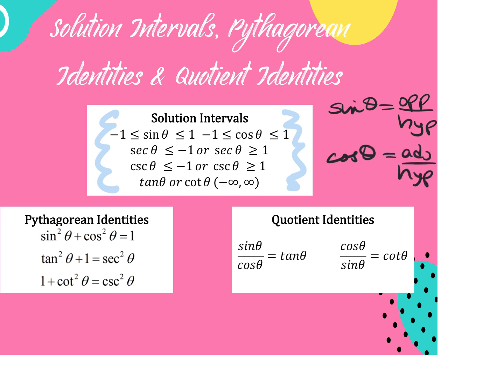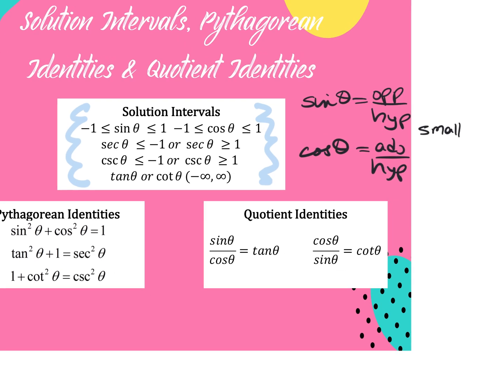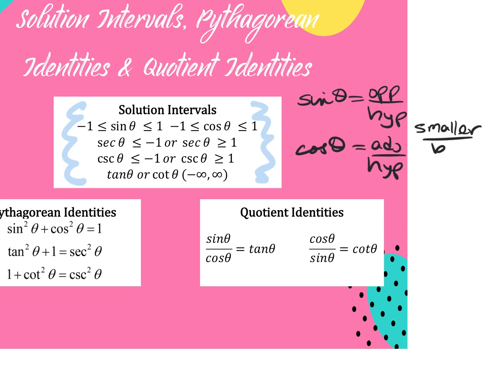And if you remember, the hypotenuse is always the biggest side of the triangle. So really what we're putting in here is a smaller number over a bigger number. So this is why sine and cosine right here, it's always going to be a fraction. It's going to be a number between -1 and +1.